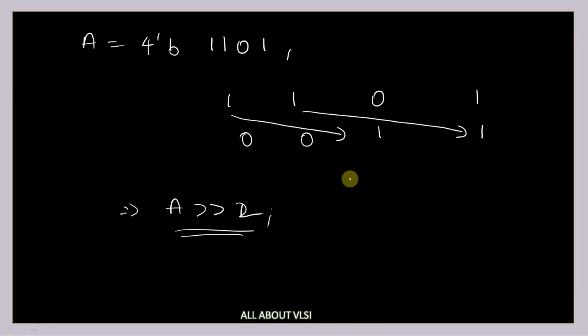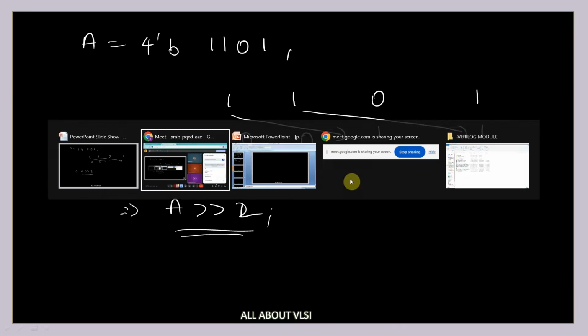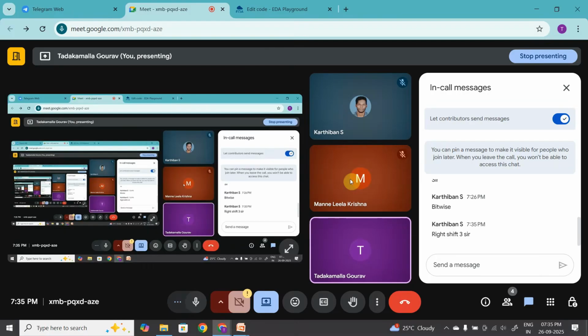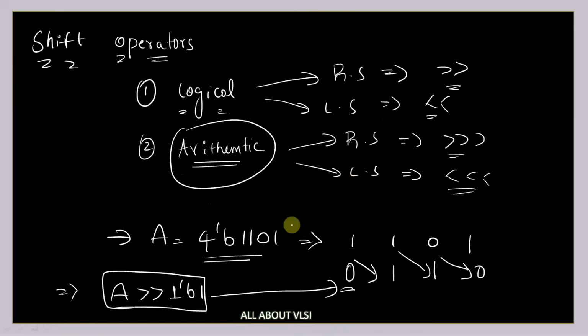We will discuss what we mean by logical shift operators and arithmetic shift operators. So that's about this particular session. If you have any doubts or queries, you can simply write A right shift by 3.